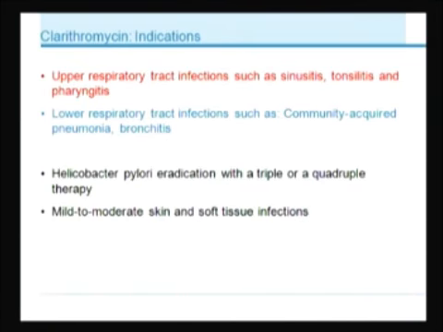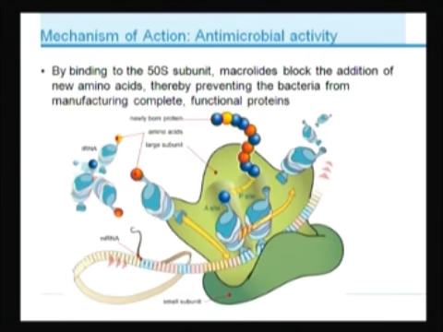So their indications as antimicrobials are mainly upper respiratory tract infections such as sinusitis, tonsillitis, pharyngitis, and lower respiratory tract infection. We will not tackle the other indications like Helicobacter pylori eradication, and skin and soft tissue infections.